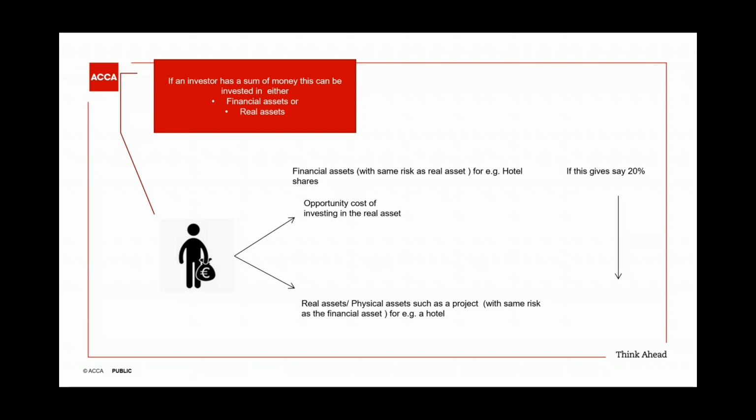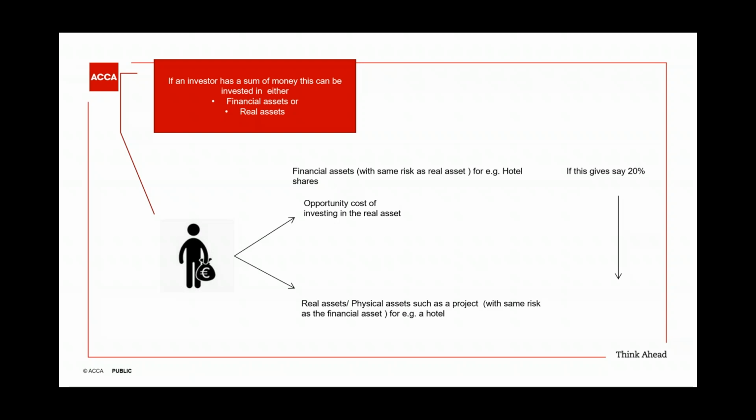But obviously in this equation, there is one very important thing that must hold: risk has to be the same. And in fact, that is exactly what IRR means. For example, if I can invest in a hotel share, and it gives me a 10% return, but the real asset is giving me a return of 20%, the IRR of that real asset is now 20%.